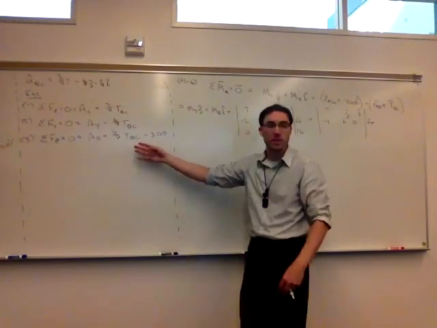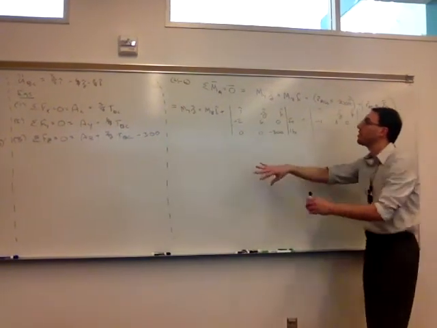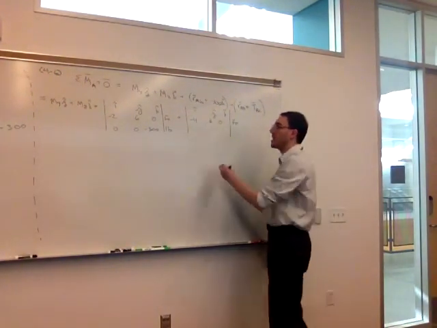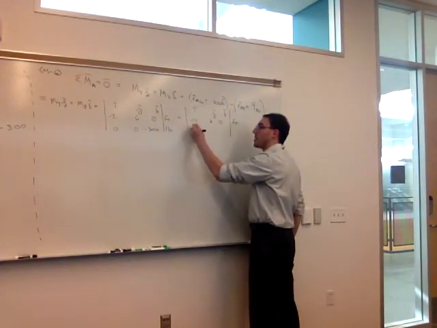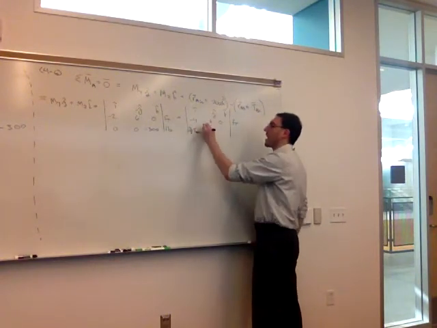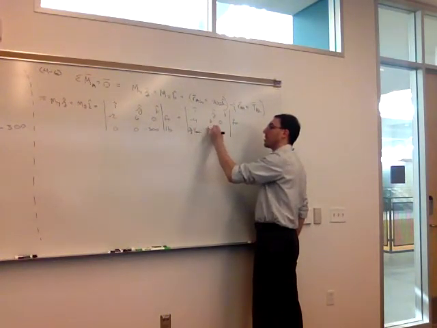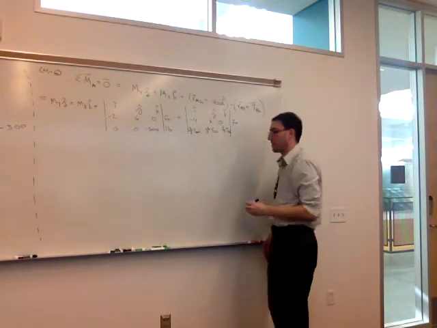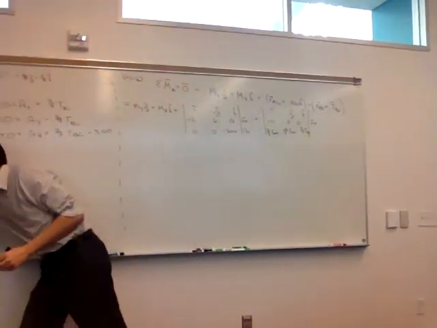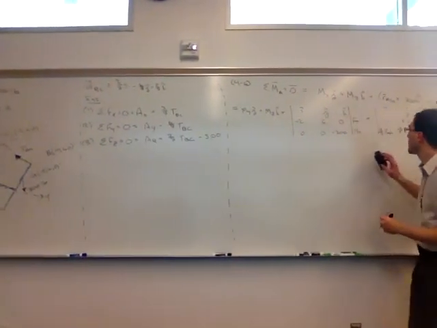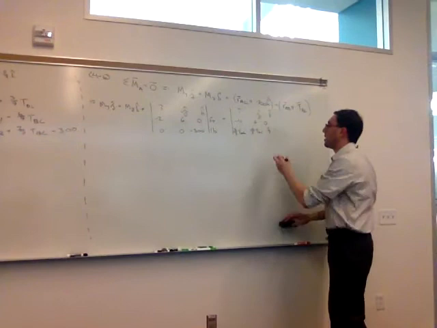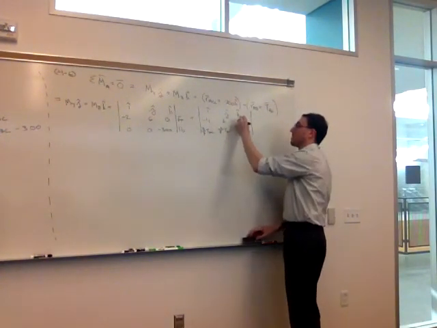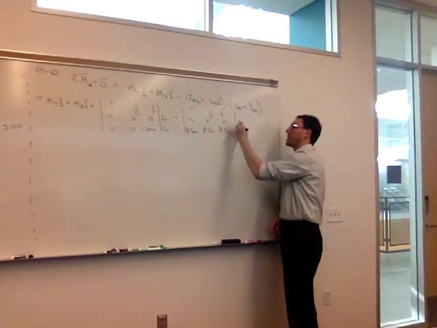But if we knew that TBC was 300 pounds, then we could use that in this step and just put numbers in here. But unfortunately, we don't yet know it as a number, so we have to put 3/7 TBC, negative 6/7 TBC, and 2/7 TBC. Right, so we have a variable in the cross product because we don't yet know the numerical value of TBC. Right, this will be feet and this will be pounds.